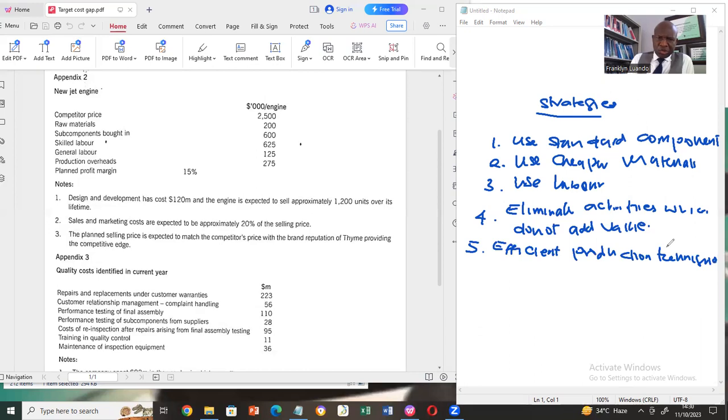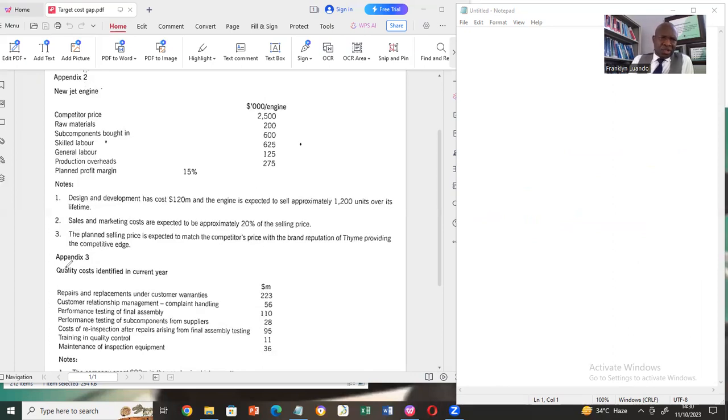Then now we can go to the question here. Under this question, we have Appendix 2, new jet engine. We are already given the competitor price, and then we are given the estimated cost of producing the engine. We are also given the profit margin of 15%.